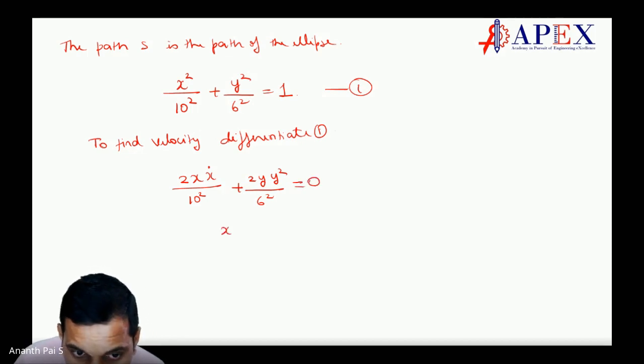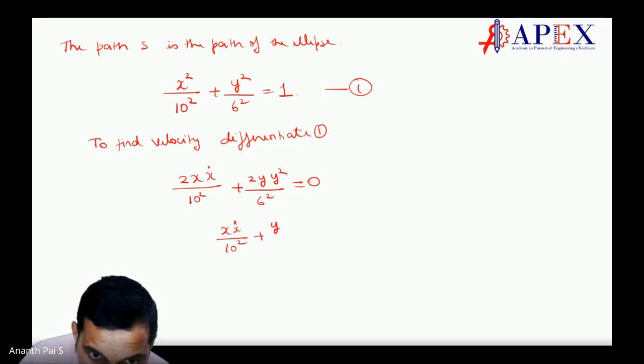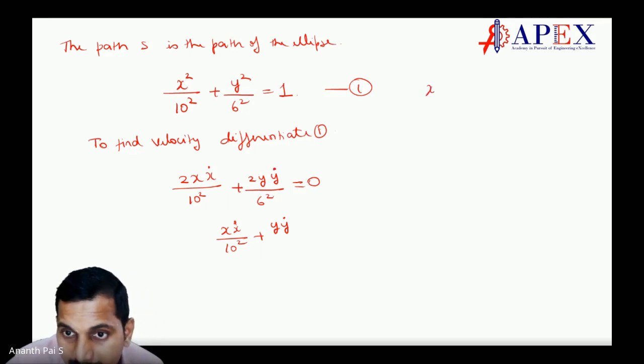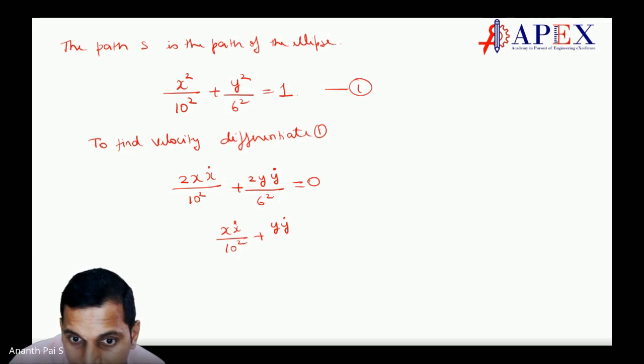Or I can write x x dot by 10 square plus y y dot by 6 square equal to 0. Sorry, not y square, y dot.